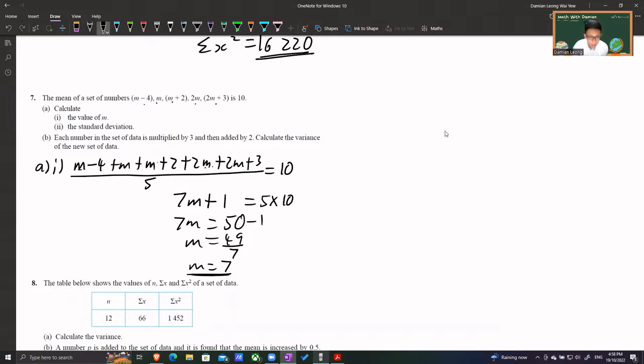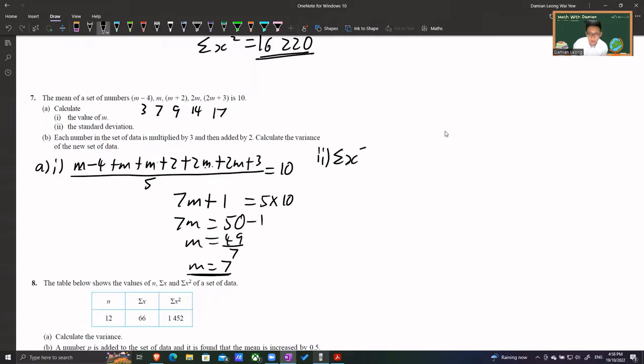That's the value of m. Then the standard deviation. So once I have the value of m, I can get each of these values. So put in 7 means it's 3, 7 minus 4, 3, is 7, 7 plus 2, 9, 2 times 7, 14, 2 times 7 plus 3, 17.